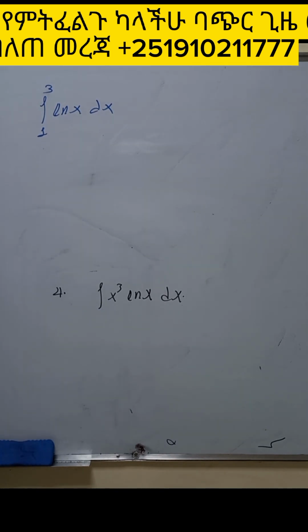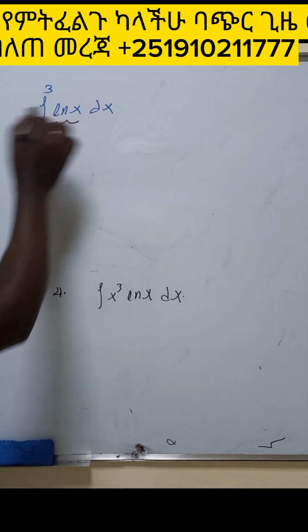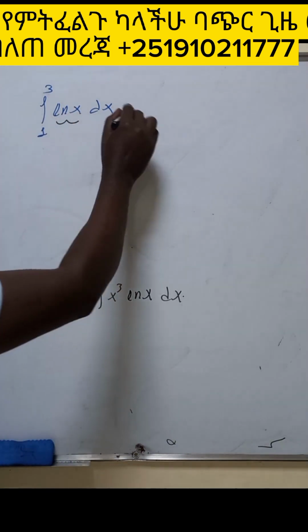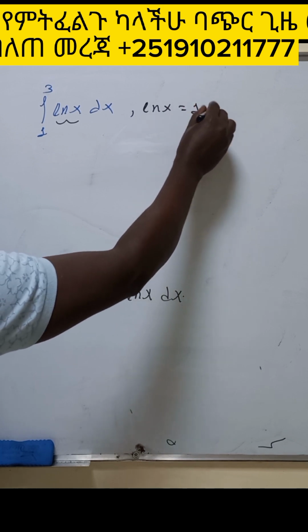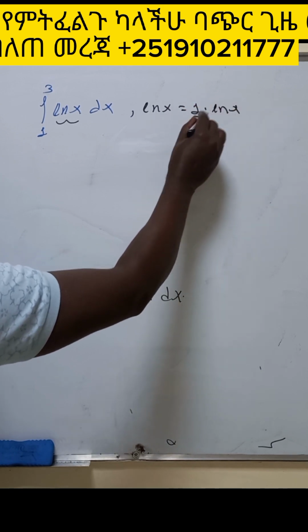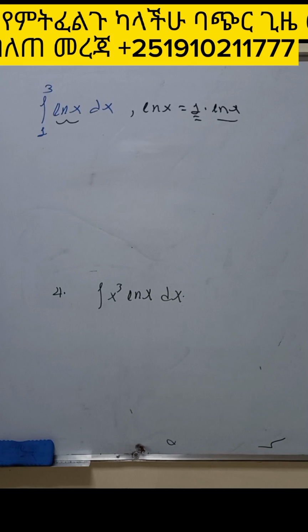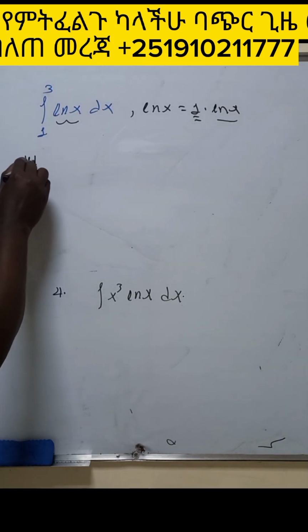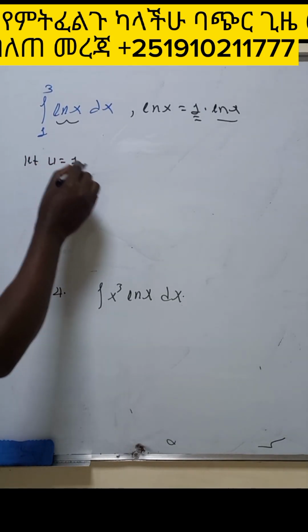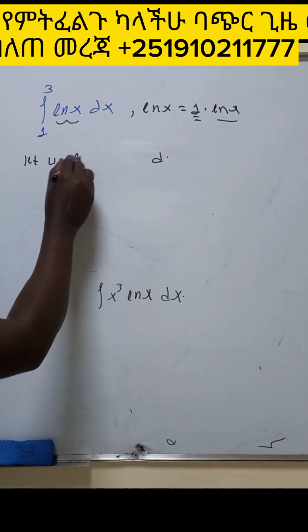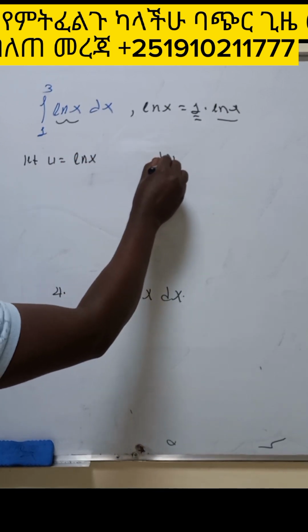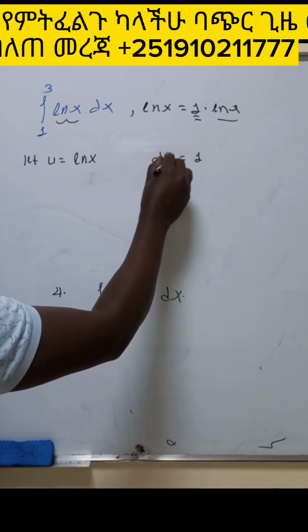So again, you have to be careful. What this means? Only the ln of x. ln of x can be written as 1 times ln of x. This is the rational, this is logarithm. So you have to say let u is ln of x and dv is gonna be 1.